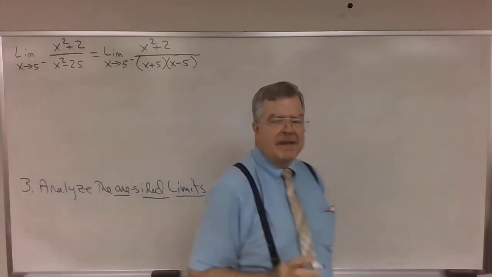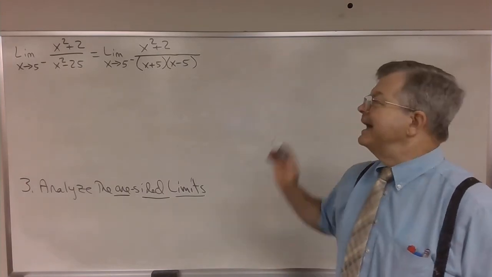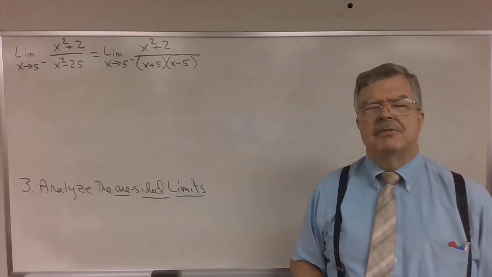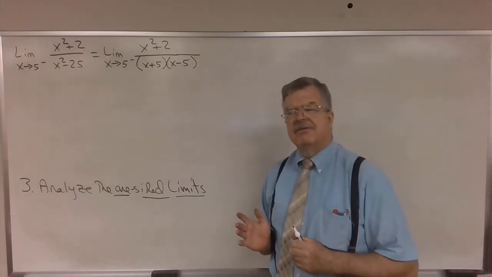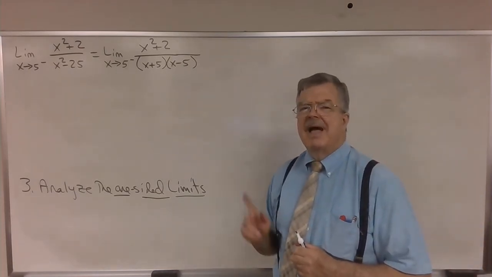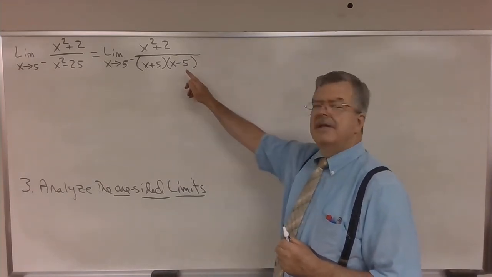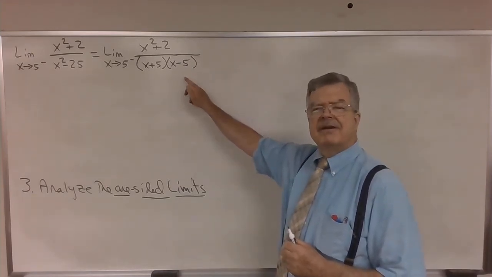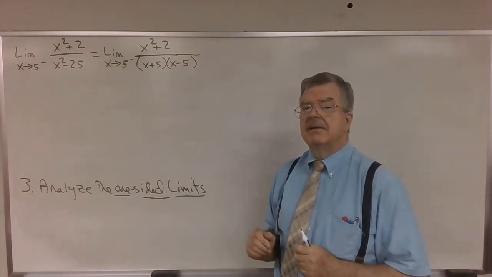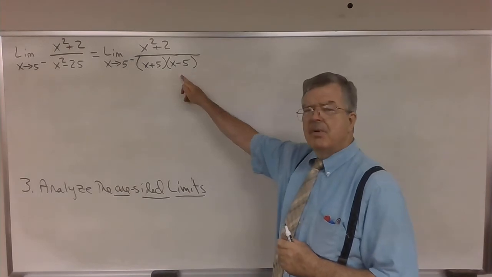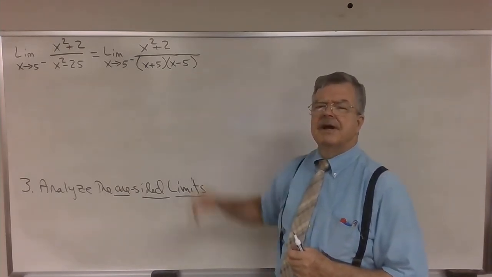I'm not going to be able to do anything useful by canceling factors in numerator and denominator. But for some reason or other, I think it's going to be helpful if I factor the denominator anyway. I'm not going to cancel anything, but I think it's important that I factor the denominator when I do these one-sided limits.